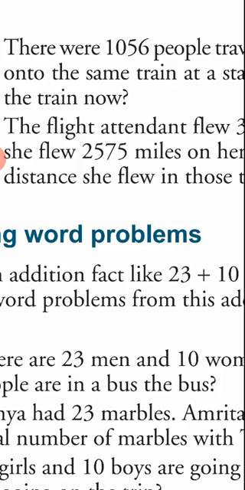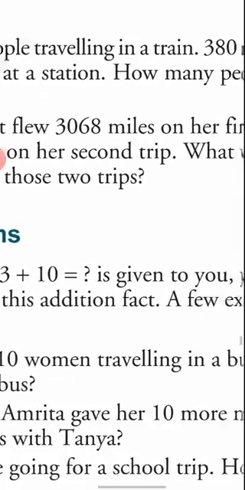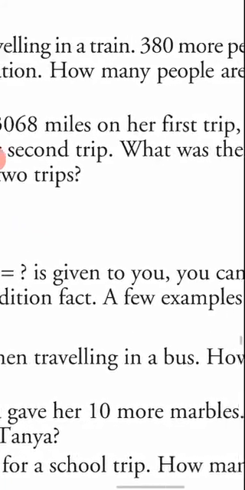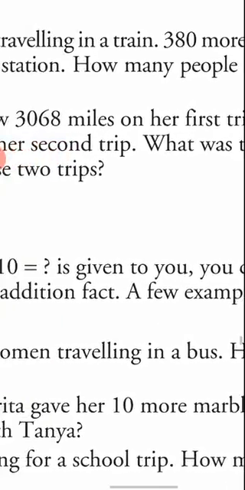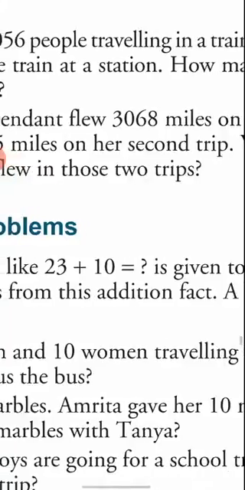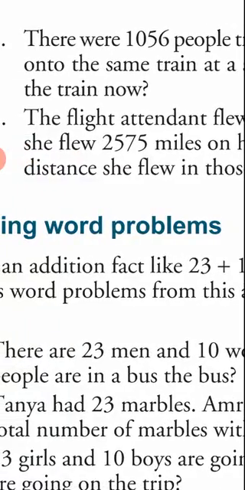So the number of people that were already traveling is equal to 1056 plus more people boarded is equal to 380. So just add, and you will get the total number of people that are traveling in the train.